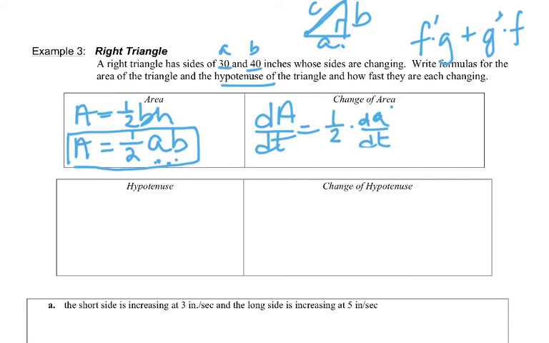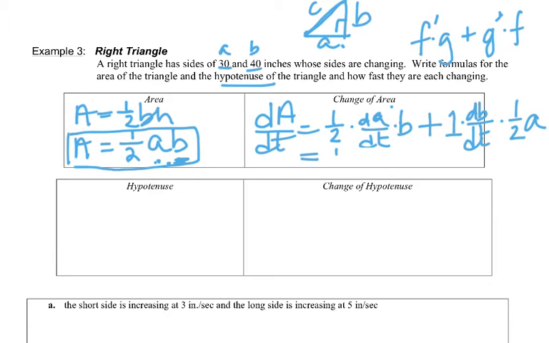Now let's add in g, so that would just be the letter b. So times b plus the derivative of b, which is just 1 times dB over dt times f, which is just 1/2 a. Okay, so let's actually write that in a nicer form.